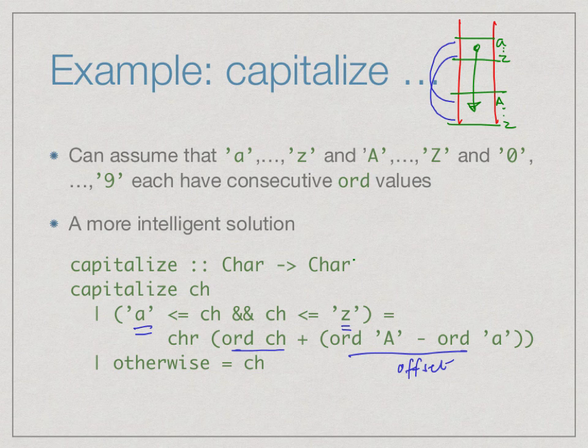Wherever it is, it will shift by the same amount. And then we recompute the character back and we get the capital. Right? So small a will go to capital A and then we recompute using the CHR function. So this is a way of capitalizing using CHR, ORD and the additional property that the ORD numbering for characters are actually consecutive.